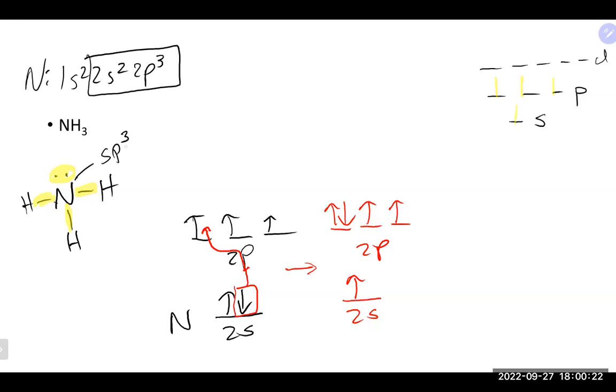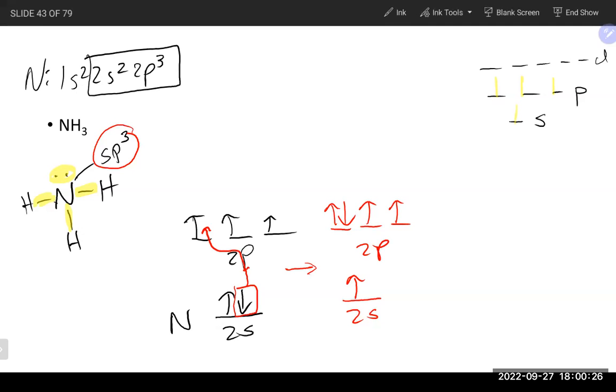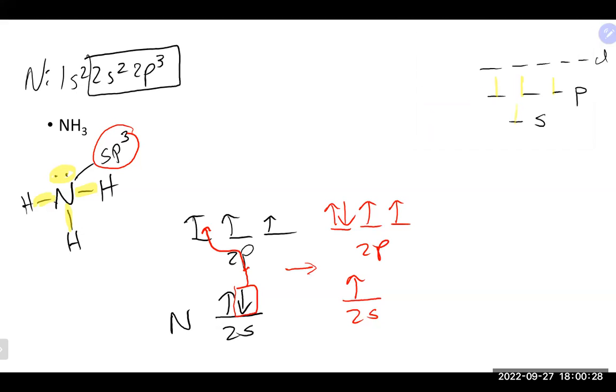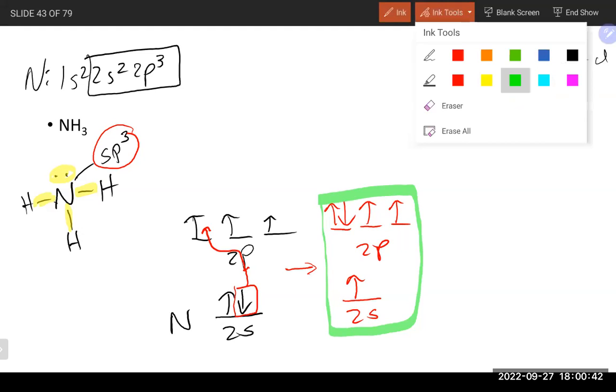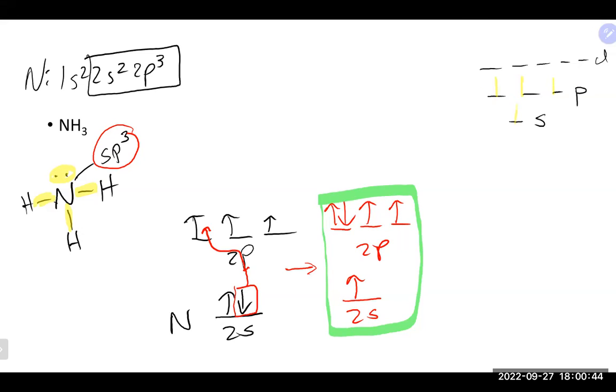Now, because this is hybridized as sp3, that means we're actually going to take everybody here, right? The s orbital, bless you, and all three of the p orbitals are going to go through hybridization. Because I hybridized 4 atomic orbitals, I should end up with how many hybrid orbitals? I should end up with 4 hybrid orbitals.